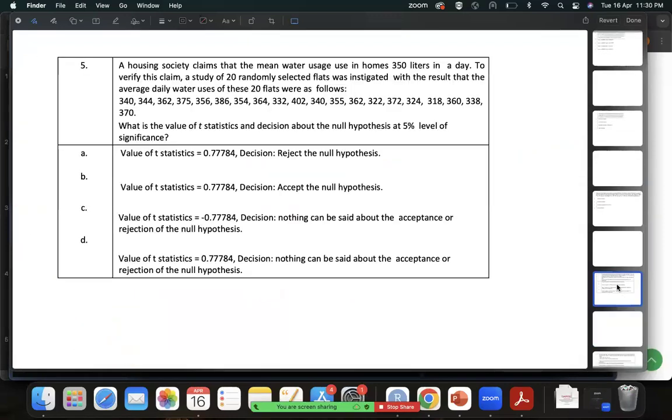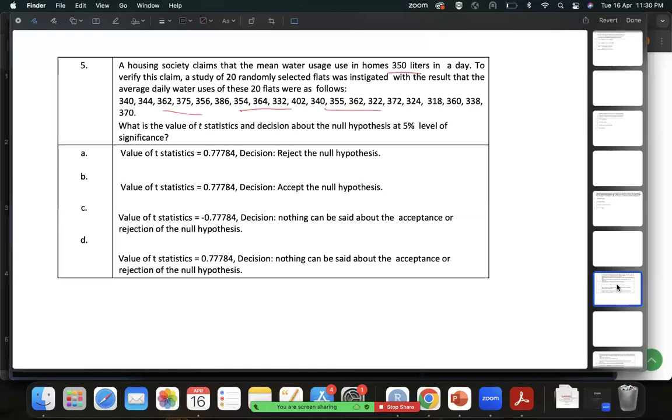Okay. The next question: a housing society claims that mean water usage in homes is 350 liters in a day. To verify this claim, 20 randomly selected flats were investigated, and the average daily water usage of these 20 flats is given.